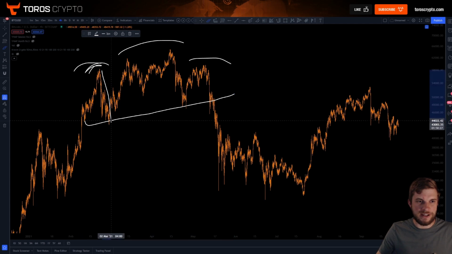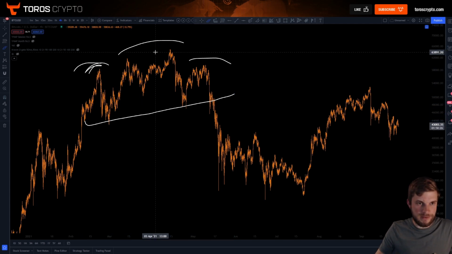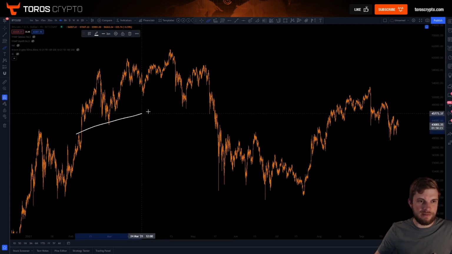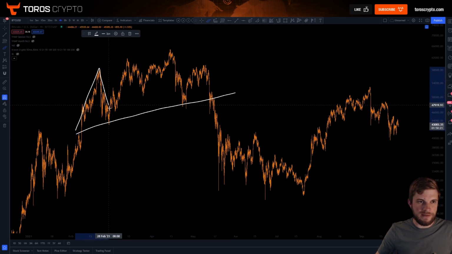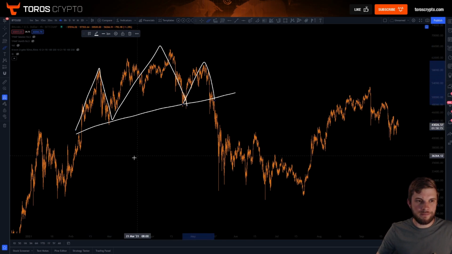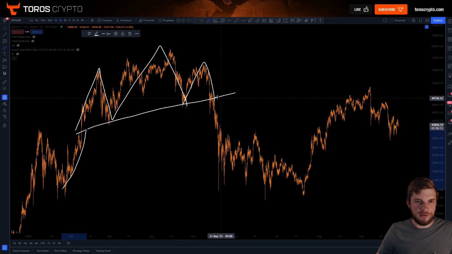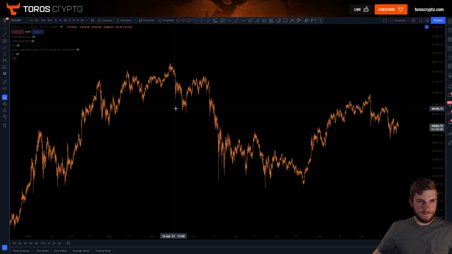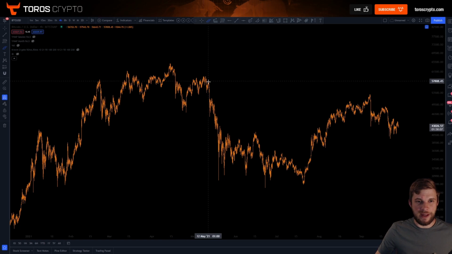You have a move into it, forms this head. So let me just clean this up a bit. You have a neckline, you have a left shoulder, you have your head being formed with these two peaks, you have your right shoulder, and then from this move up, you then get a reversal in price to the downside. Okay, so that's a nice example there of the head and shoulders pattern playing out.